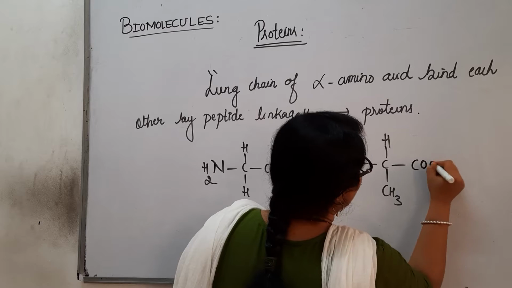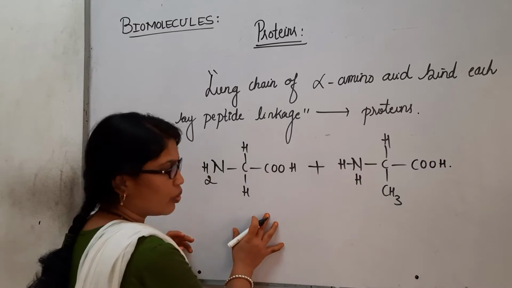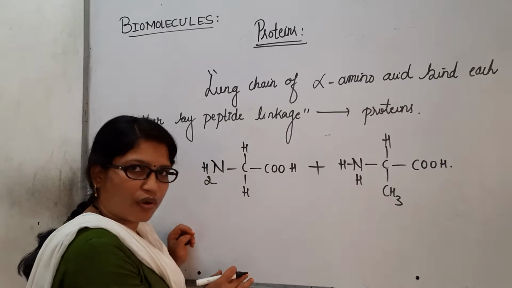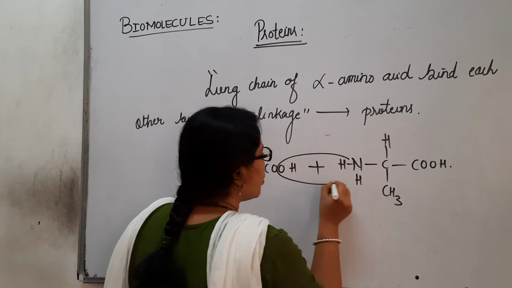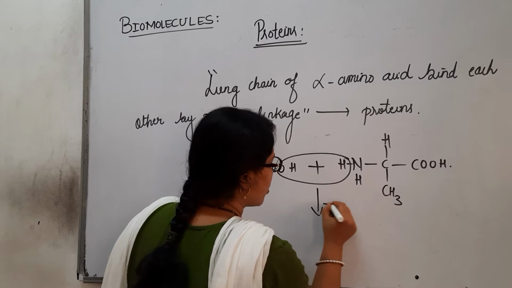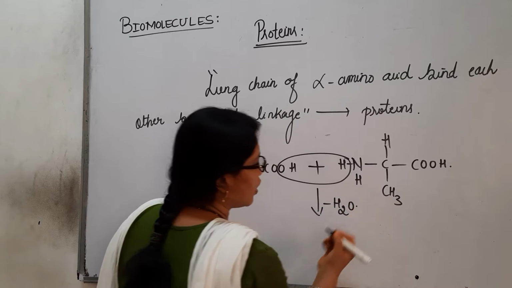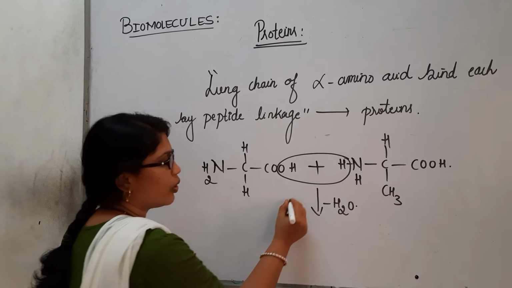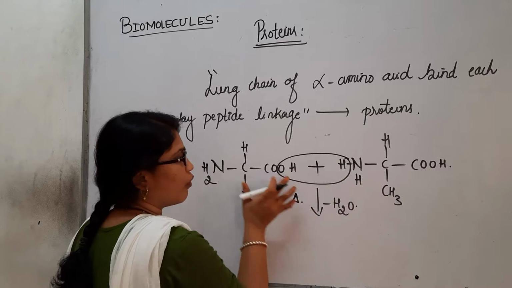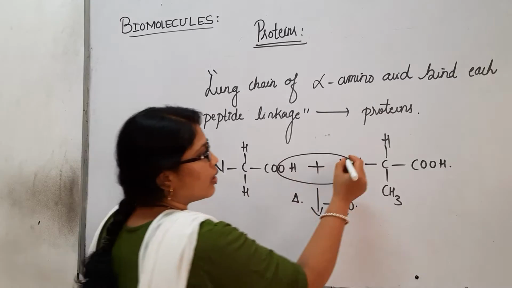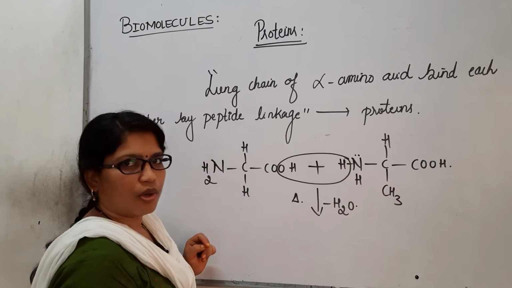Here I will have COOH. These are two alpha amino acids I have considered, and together they eliminate a water molecule. On heating they liberate a water molecule to form a bond between the carbonyl group of one amino acid and the amine group of the other amino acid.